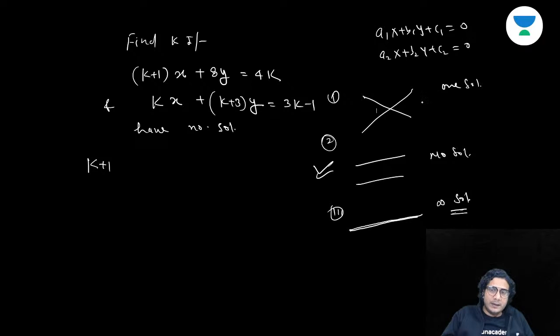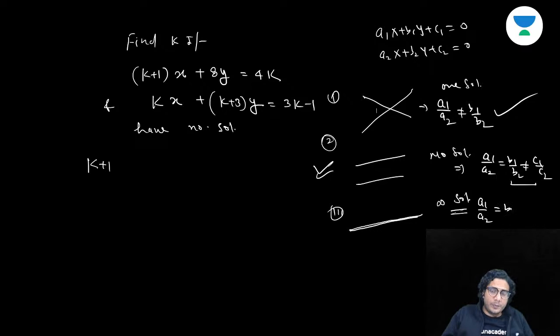In this case, A1 upon A2 is not equal to B1 upon B2. Alright, remember that. In the second case, A1 upon A2 is equal to B1 upon B2 but is not equal to C1 upon C2. We need to make sure of this also. And in the third case, A1 upon A2 is equal to B1 upon B2 is equal to C1 upon C2. Alright. So this is the direct way to solve it.